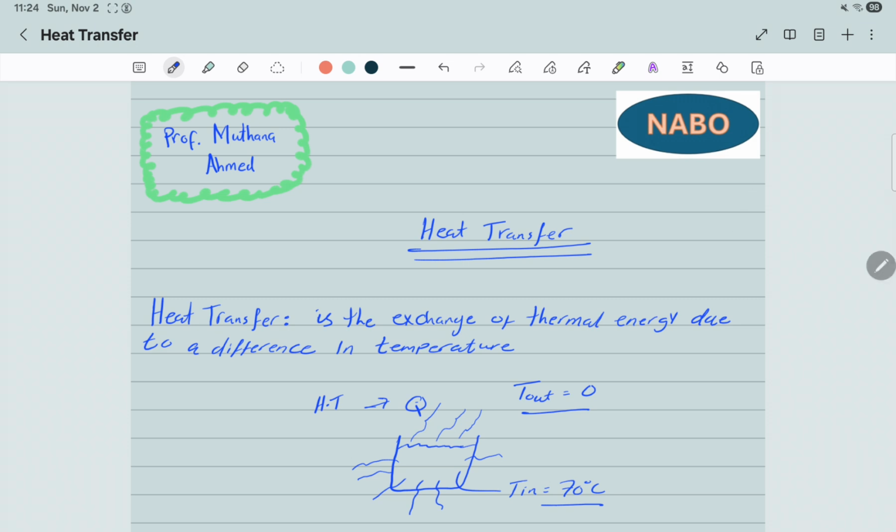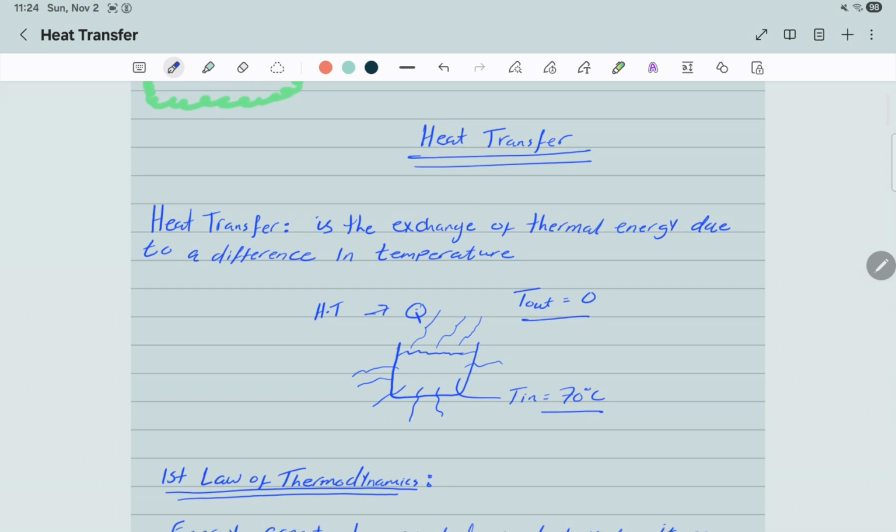What is heat transfer? Heat transfer is the exchange of thermal energy due to a difference in temperature. So whenever there's an exchange of temperature, heat always travels from hot to cold. For example, if we take a pot of soup and put it outside, let's assume the pot of soup has a temperature of 70 degrees, and outside the temperature is 0 Celsius.